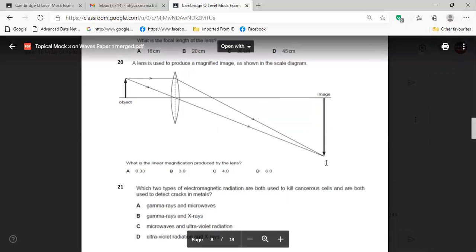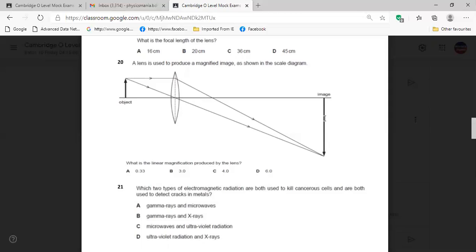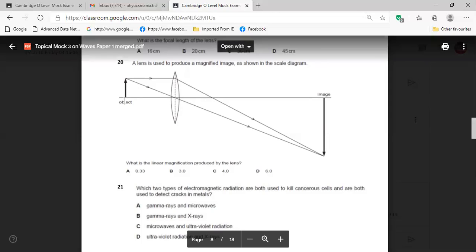Object how much and image how much. Object will be from, excluding the head part, right? Including the head part, till the last of the head.